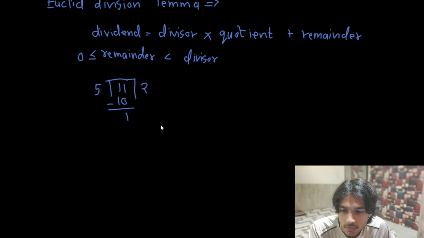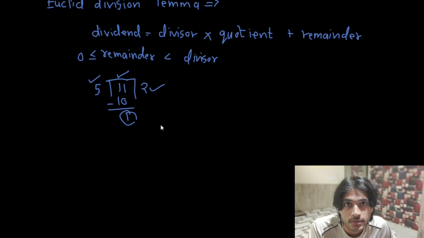Here the number by which we are dividing is called divisor, the number which is being divided is called dividend, and what we get as a multiple is quotient, and then without going to the decimal expansion, what we get here after the subtraction, where we can't go further without using decimals, is called remainder.